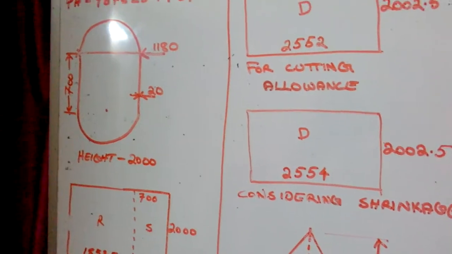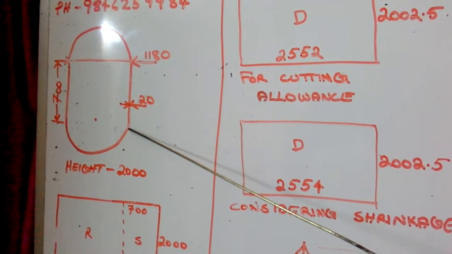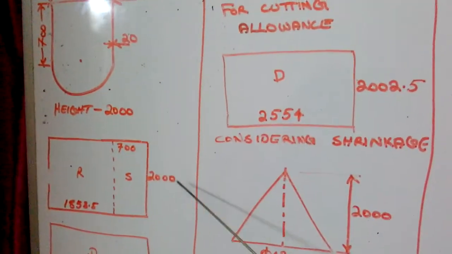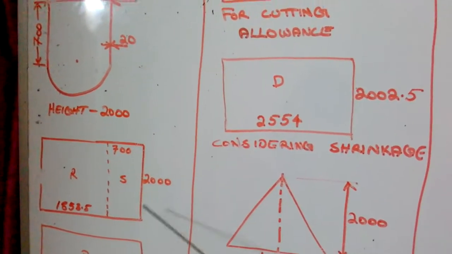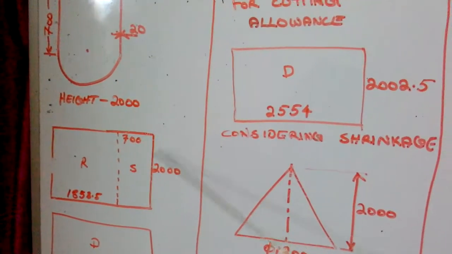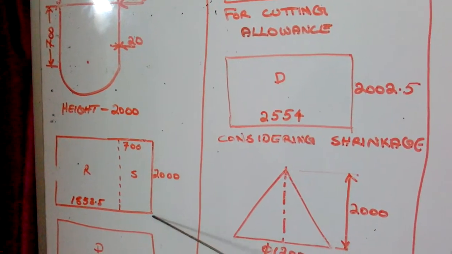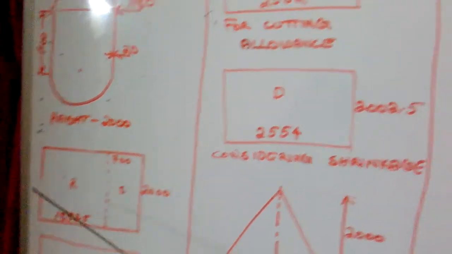In this plan, in this portion, welding comes. In this portion also it comes. So in the development, if somebody asks where is the portion of welding, this is the portion of welding. Wherever I indicate, in this portion welding comes, and here also welding comes.